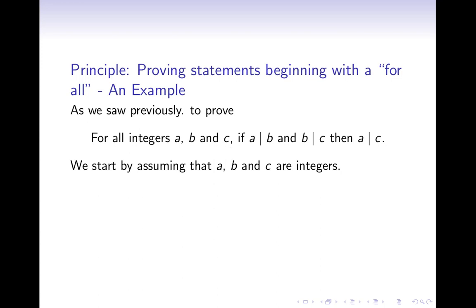So we assume we have three arbitrary integers, a, b, and c. And now how can we argue for the statement following the for all? What we have to prove is, in other words, that if a divides b and b divides c, then a divides c.